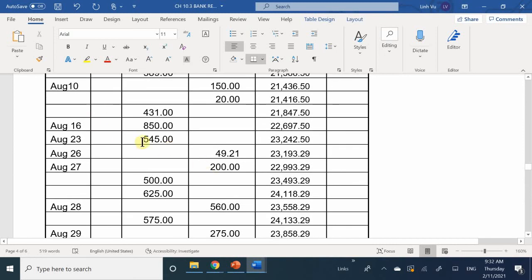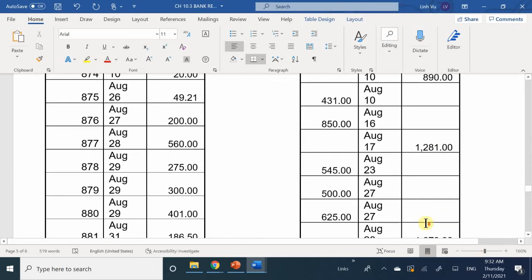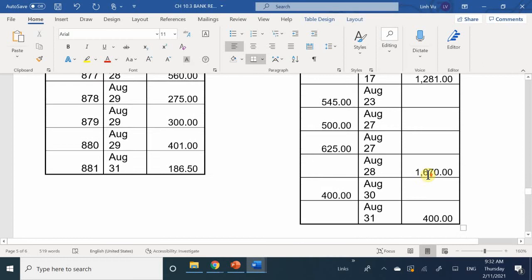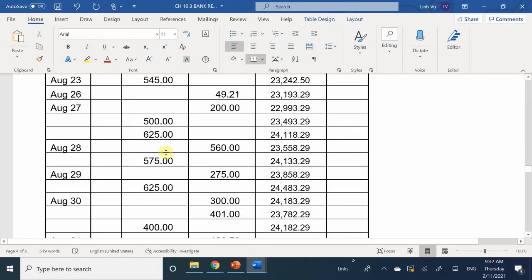After the 545, we have 500 and 625. Let's see, did we clear those or deposit those? 545, 500, and 625. Yes, we did, and we deposited them all in one go for the 1670. Okay. All right, so doing good so far, so we haven't found a discrepancy.